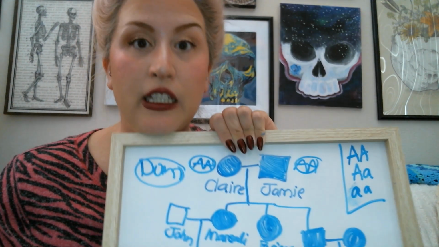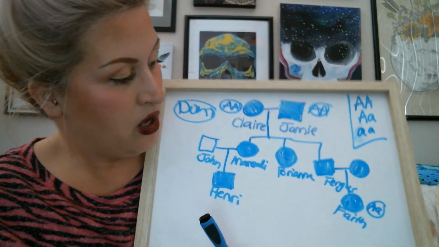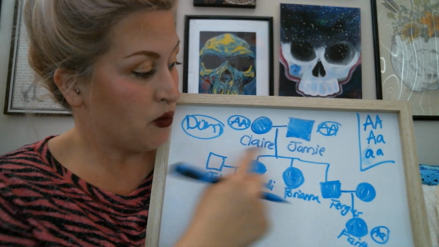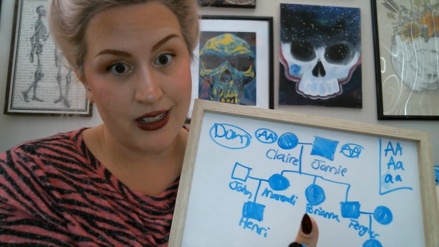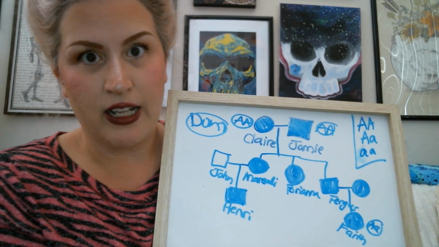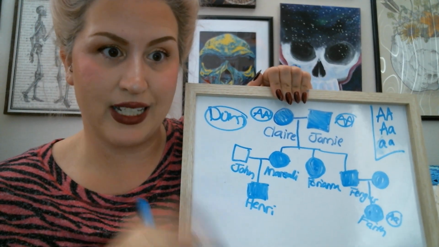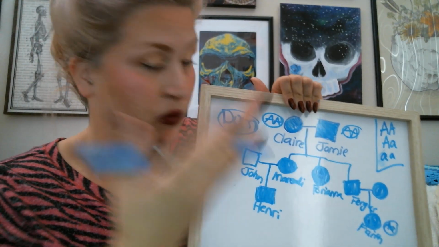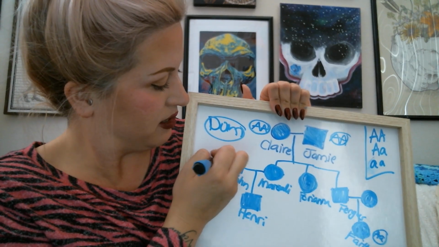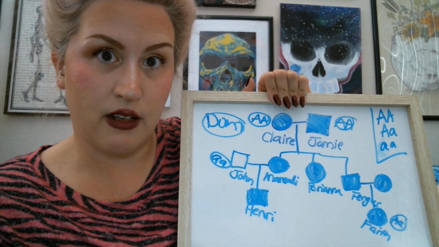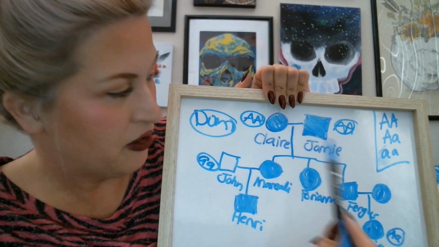For a dominant trait, anyone who's shaded could be either homozygous dominant or heterozygous. The only way you don't get shaded in a dominant trait is if you are homozygous recessive. Since John's the only one, we know right away John is homozygous recessive.